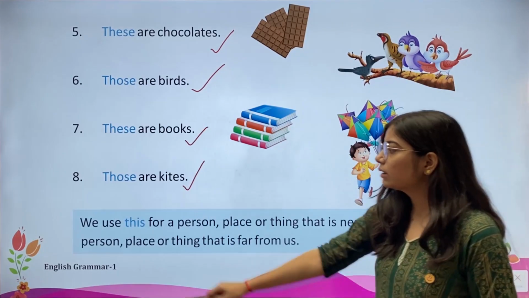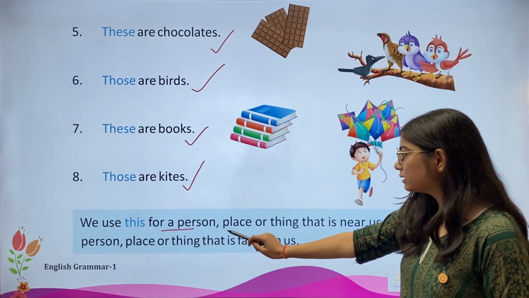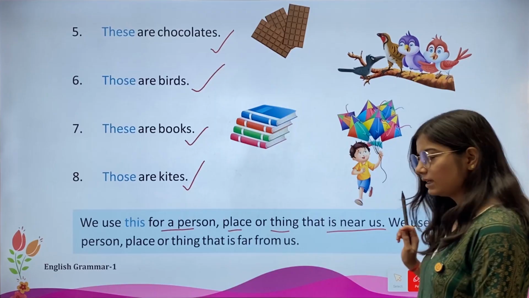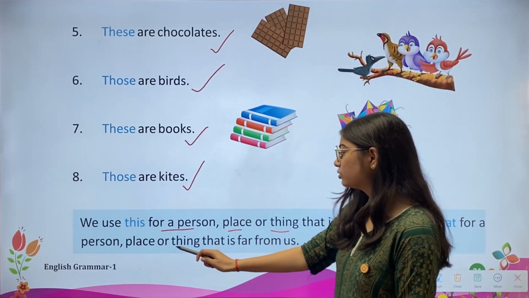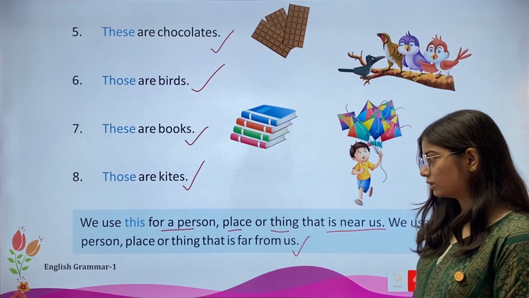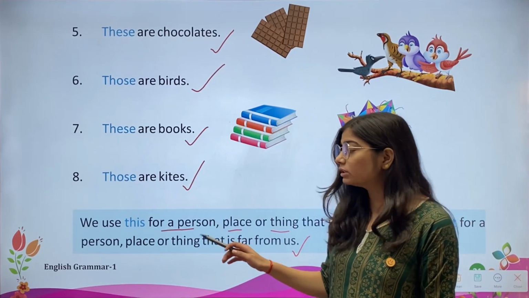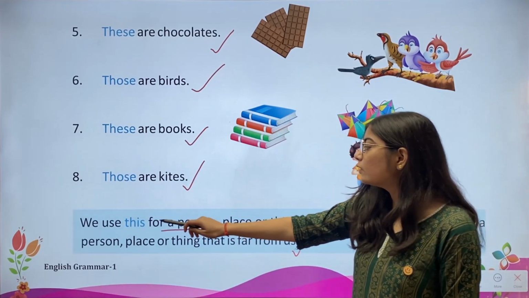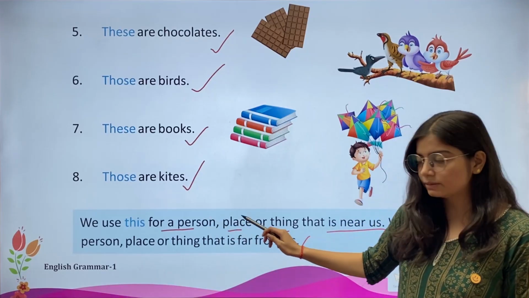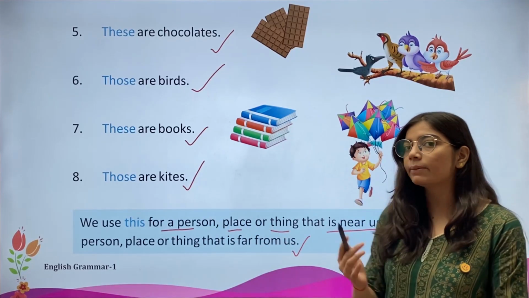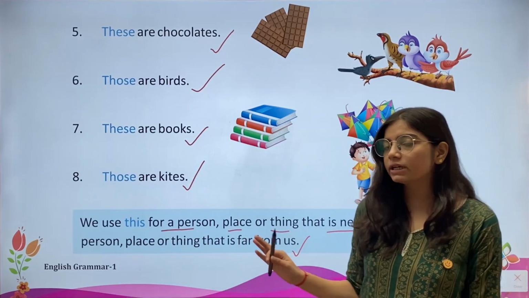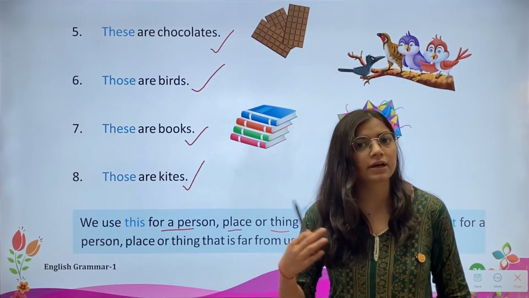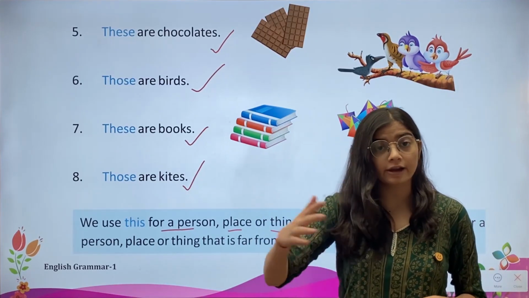Okay. Now, we use this for a person, place, or thing that is near us. We use that for a person, place, or thing that is far from us. I have already explained you this, that this हम वहां यूज करते हैं किसी पर्सन, प्लेस या थिंग के लिए जो चीजें हमारे पास में होती हैं, और दैट हम तब यूज करते हैं जब कोई पर्सन, प्लेस और थिंग हमसे दूर होती है, फार अवे होती है.